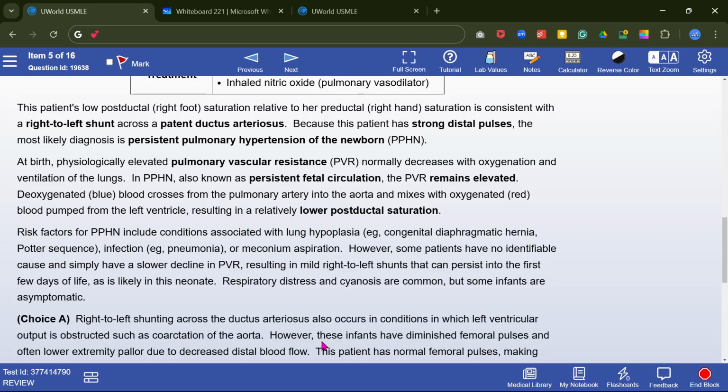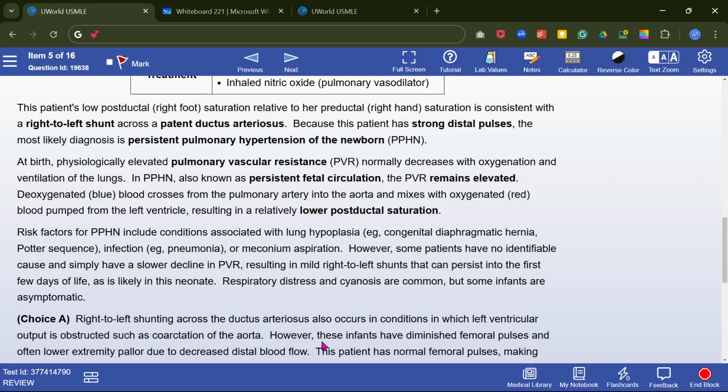At birth, the physiologically elevated pulmonary vascular resistance normally decreases with oxygenation and ventilation of the lungs. In persistent pulmonary hypertension of the newborn, also known as persistent fetal circulation, the pulmonary vascular resistance remains elevated.